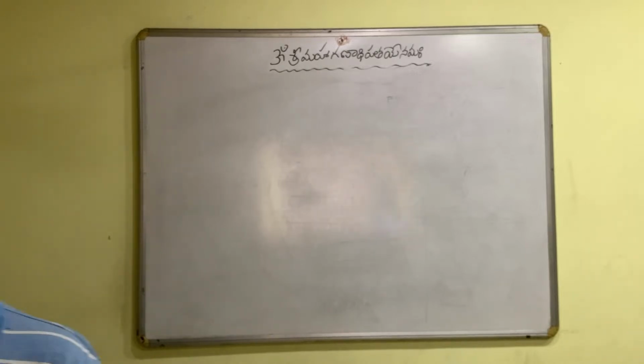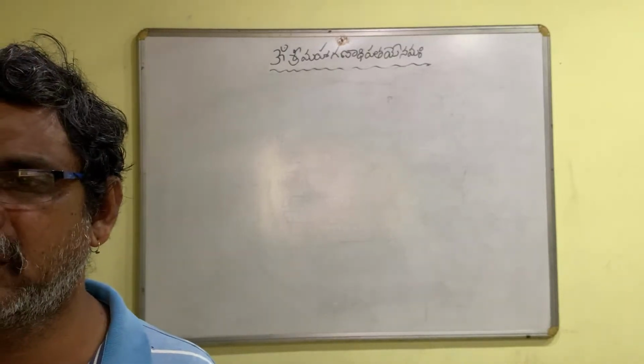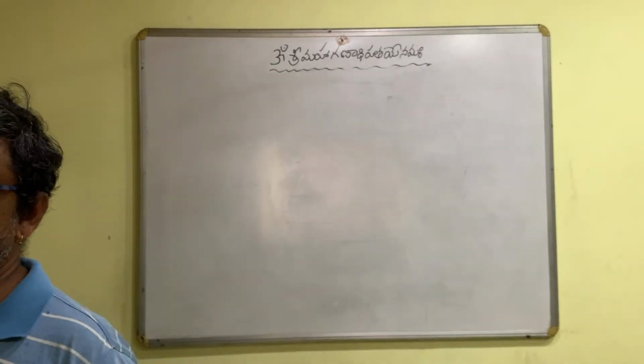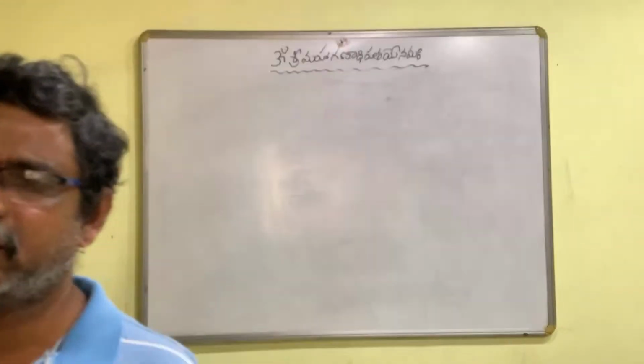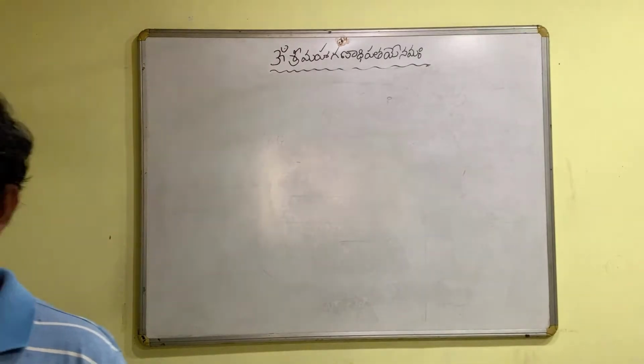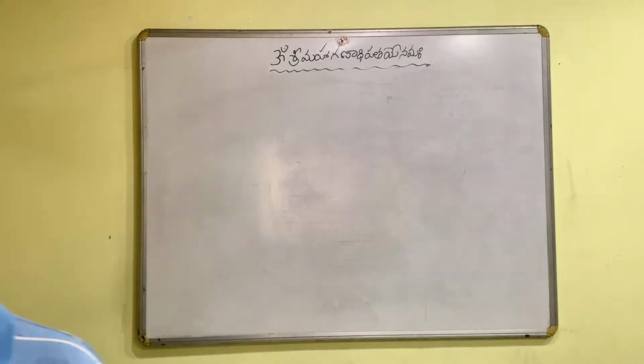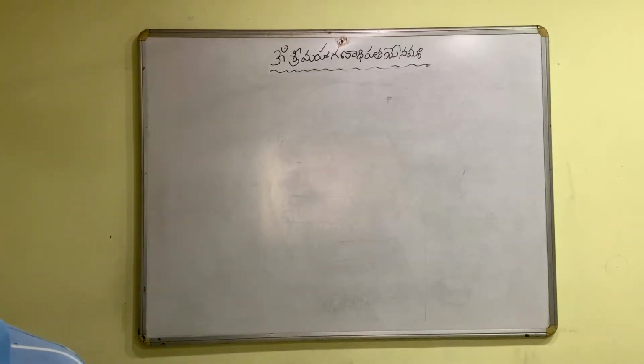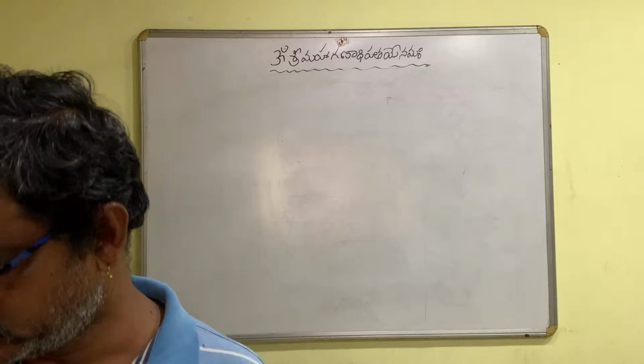Find the points on x-axis. Yeah, I did the same. Square it on both sides. Taking square root on both sides, you can do that.